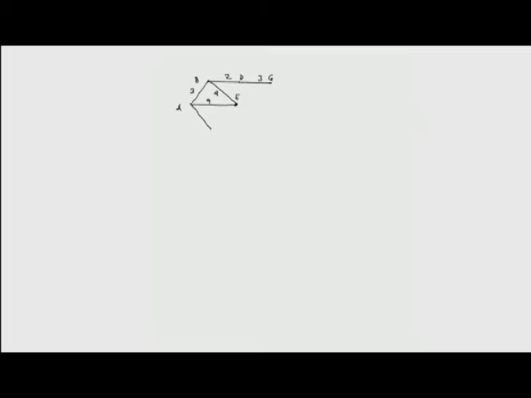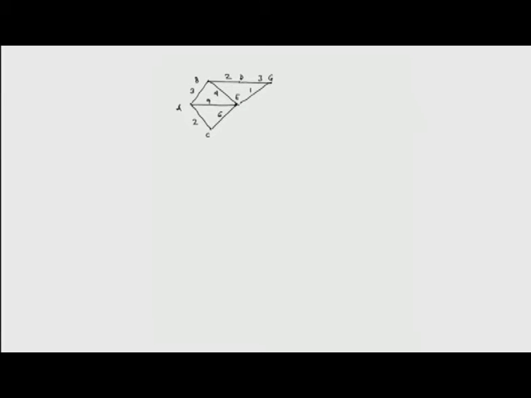Now, here A is connected to C and the weight of the edge is 2, C is connected to E, the weight of the edge is 6. After that, E is connected to G, the weight of the edge is 1.